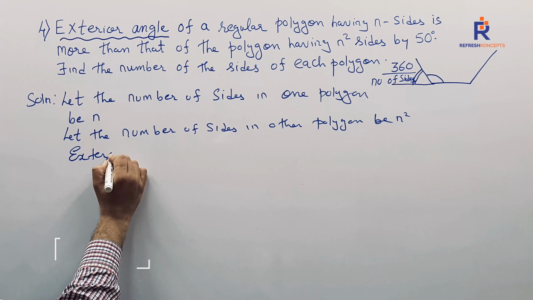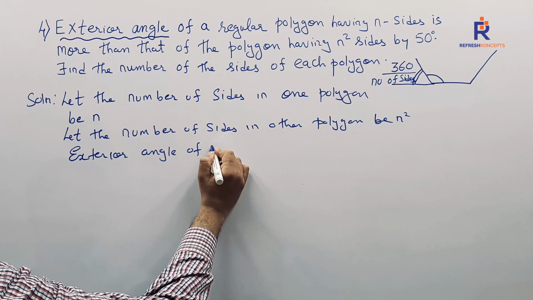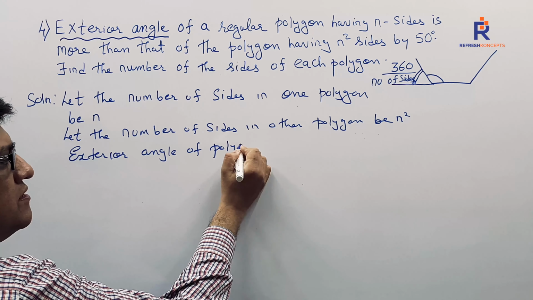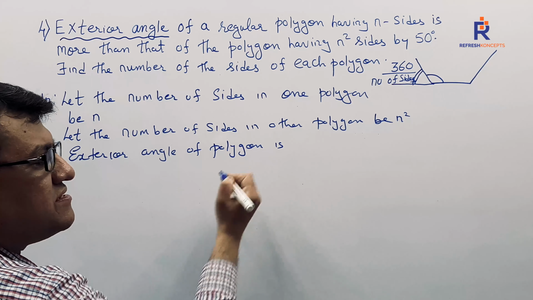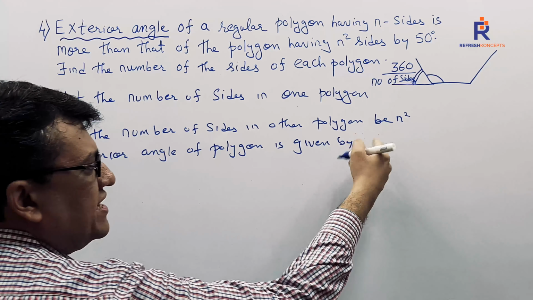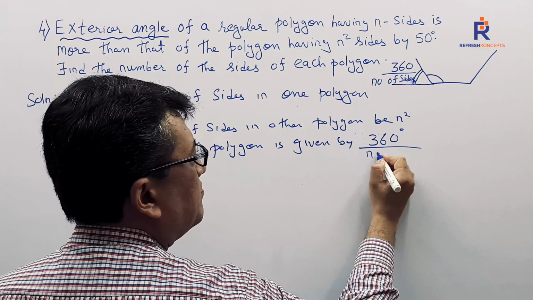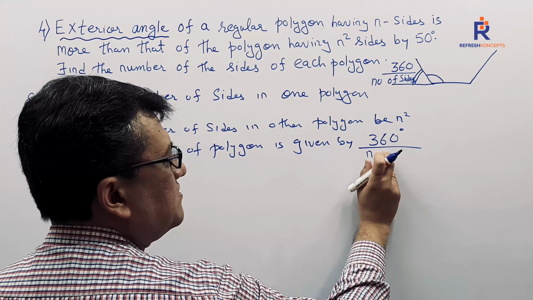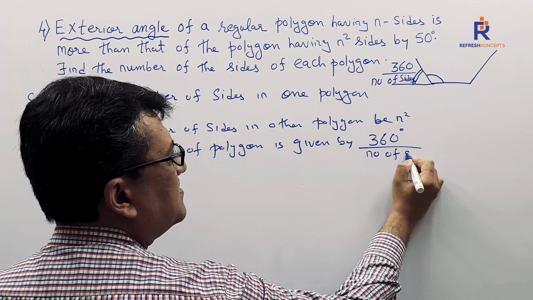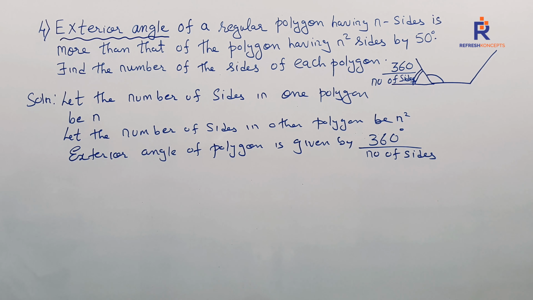Exterior angle of a polygon is given by, as I have mentioned here also, I'll write down here, 360 degree by number of sides. So what is the exterior angle of the first polygon?